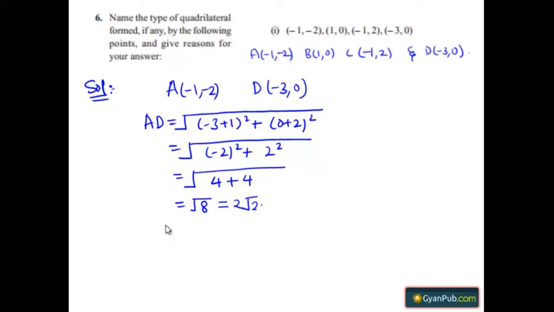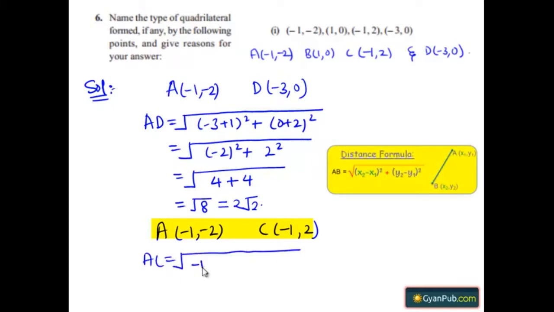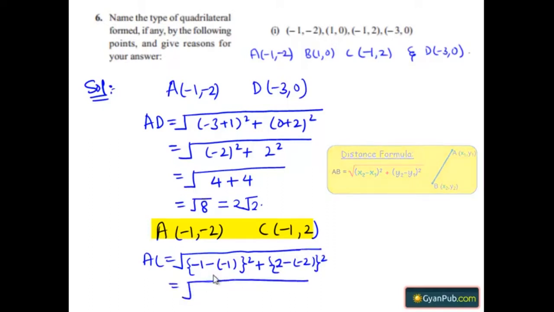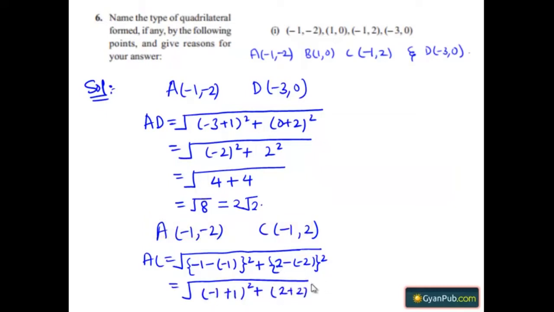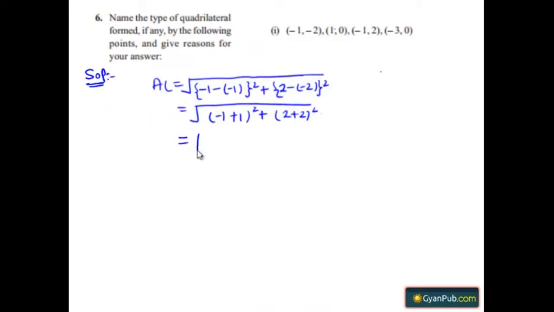Now taking the points A (-1, -2) and C (-1, 2), by distance formula we get length AC equals under root of (-1 - (-1)) whole square plus (2 - (-2)) whole square, which is equal to under root of (-1 + 1) whole square plus (2 + 2) whole square, that is equal to under root of minus 1 plus 1 is 0, so 0 square, plus 2 plus 2 is 4, so 4 square, which is equal to root 16, that is nothing but 4.